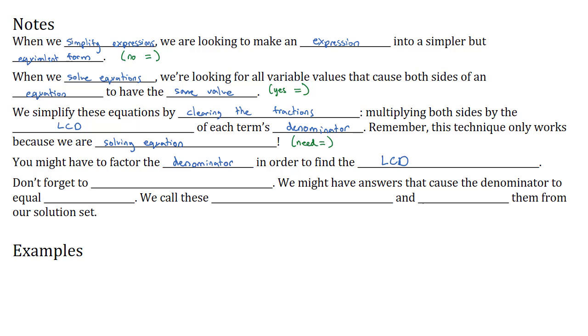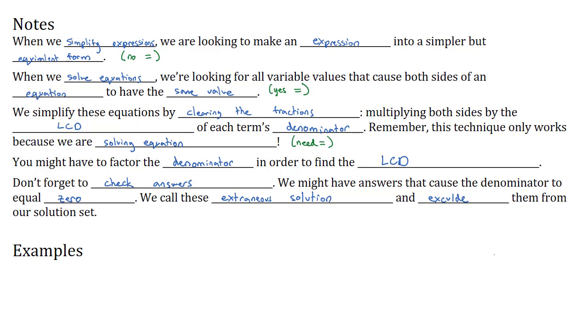So we need to make sure we don't forget to check our answers. We might have a solution that causes the denominator to equal 0, and the denominator of a fraction can never be 0. We call these extraneous solutions: solutions that look like they worked, but don't actually work. That's why we have to exclude them from our solution set.